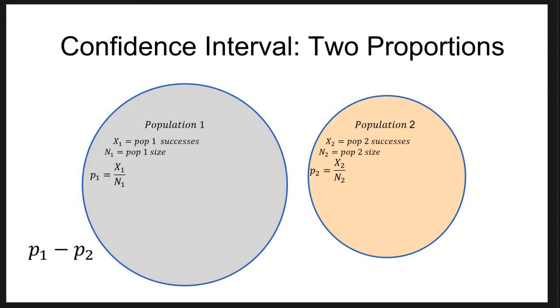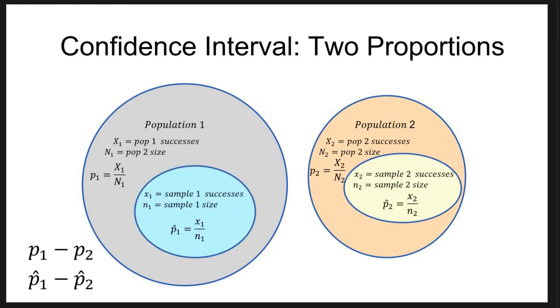Because I can't actually go out and ask every single Democrat or every single Republican, I'm going to take samples from the population. So I have sample 1, which comes from population 1, and sample 2, which comes from population 2. Each of those samples has a certain number of successes and a certain number of failures. The best point estimate for the proportion of successes in population 1, P1, is P1 hat.